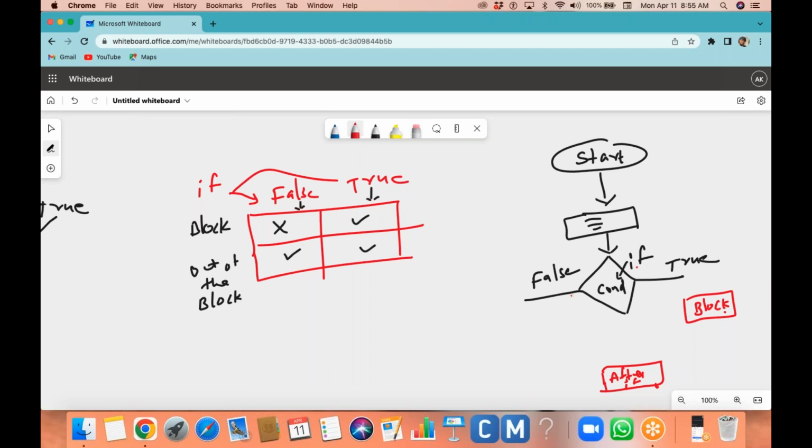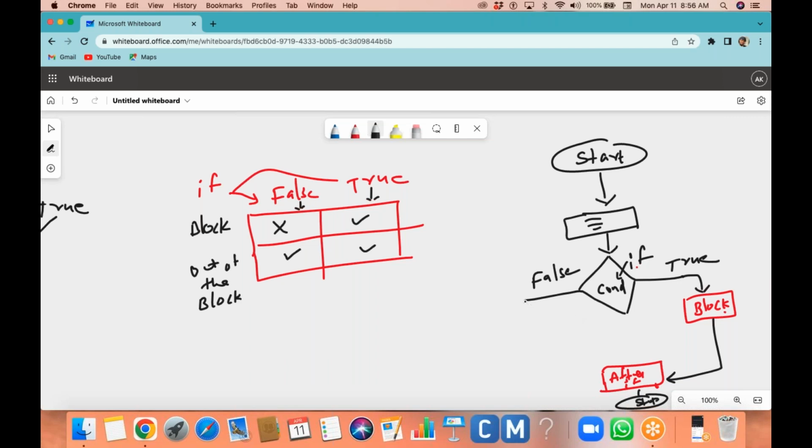So if the condition is true, it will go for execution of the block of statements. After that, it will go out of the block, then it will stop the execution.